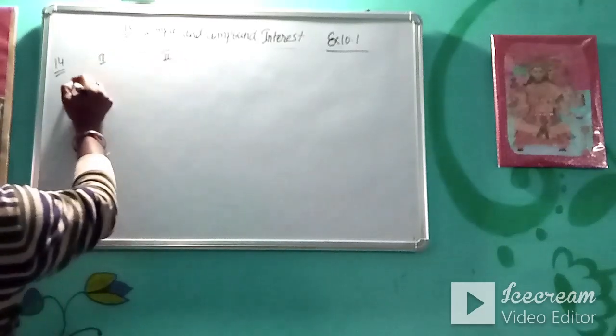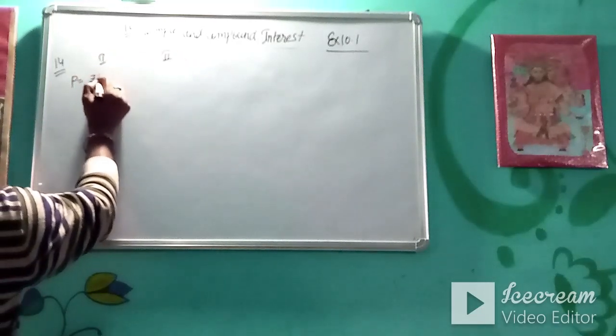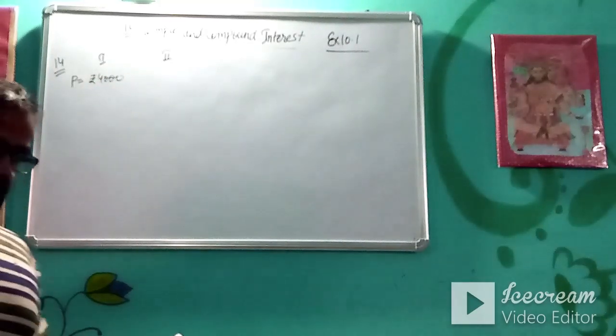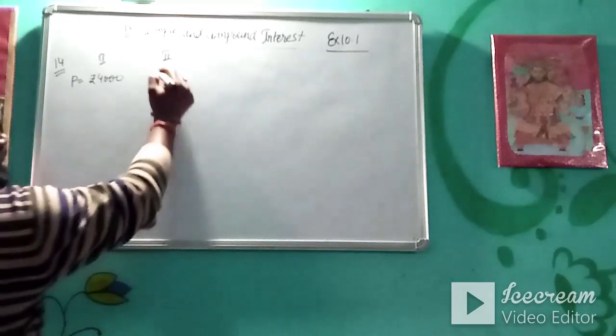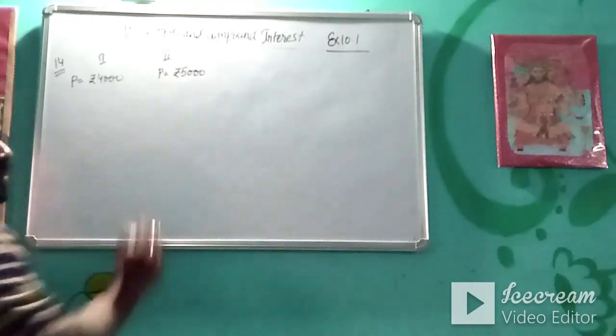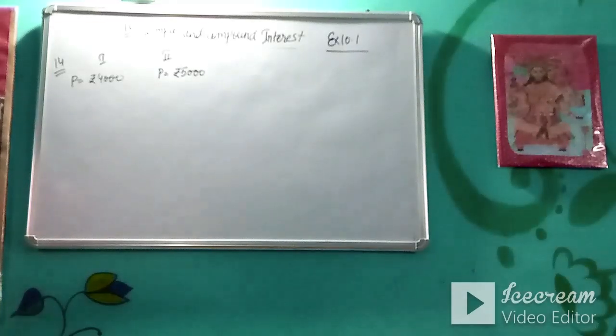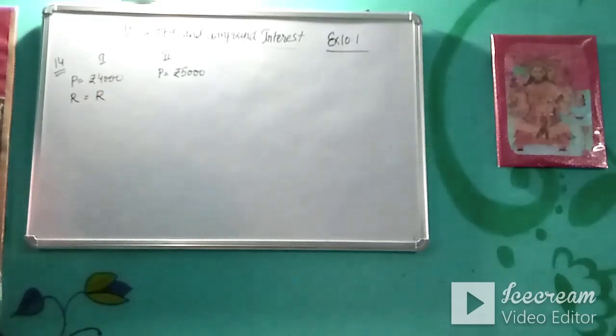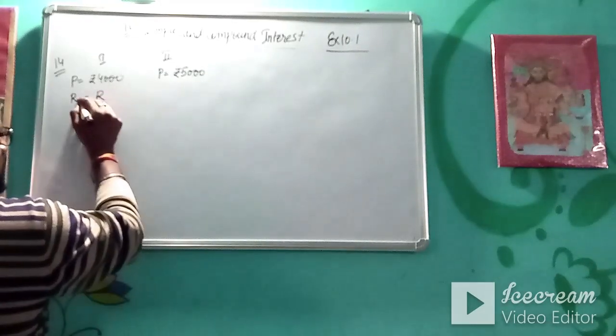In this it is 4,000 and this is 5,000. Okay, so let this rate be R here. So what will be the rate here?